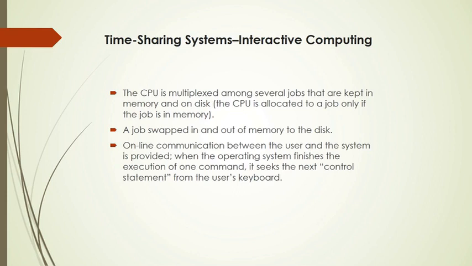Because it is time sharing, each job is given some amount of time. For example, the first job may be given 10 milliseconds, the second job the next 10 milliseconds, the third job 10 milliseconds, and so on. When we complete the 10th job, it may again repeat the first job.